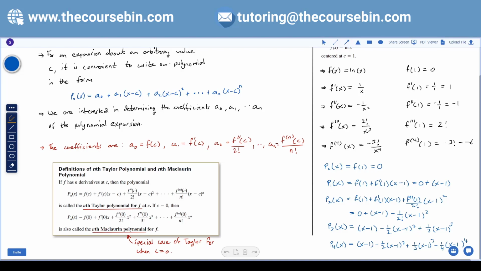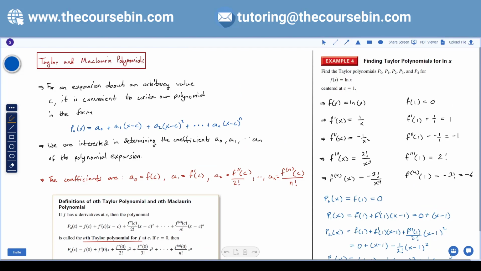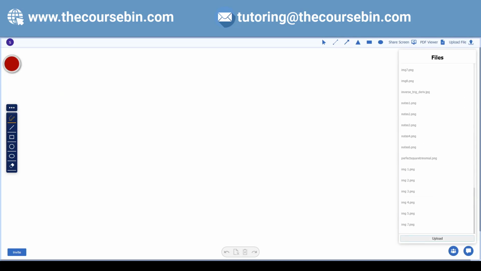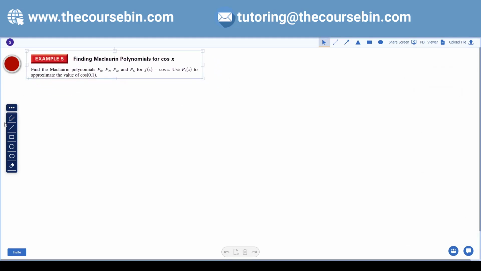All right, let's do an example with Maclaurin. Okay, so in this example, we want to find the Maclaurin polynomials P0, P2, P4, and P6 for f of x equals cosine of x.